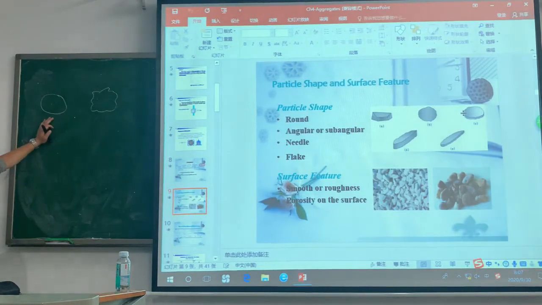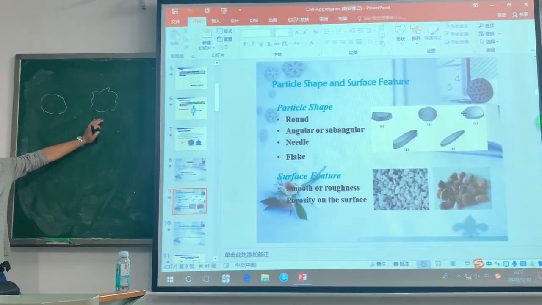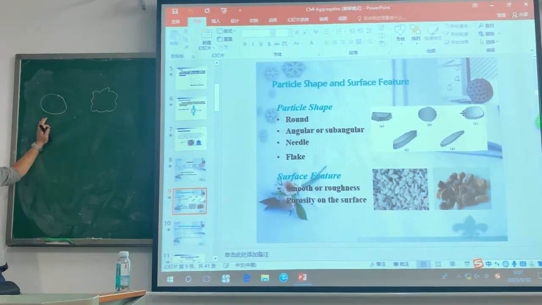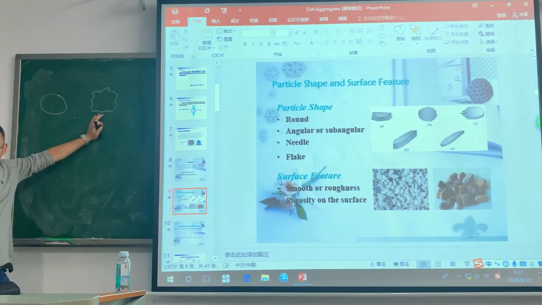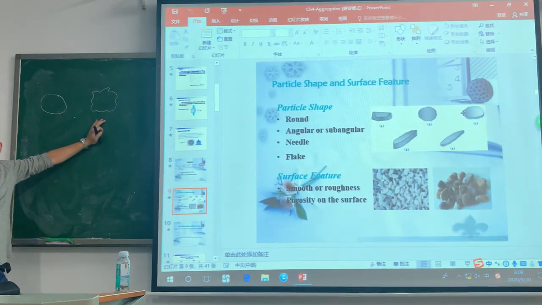For this one, the shape is round, and for this one, the shape is angular. And for this one, the surface is smooth, but for this one, the surface is rough. So if we use these two kinds of aggregates to produce concrete, the performance will be different.